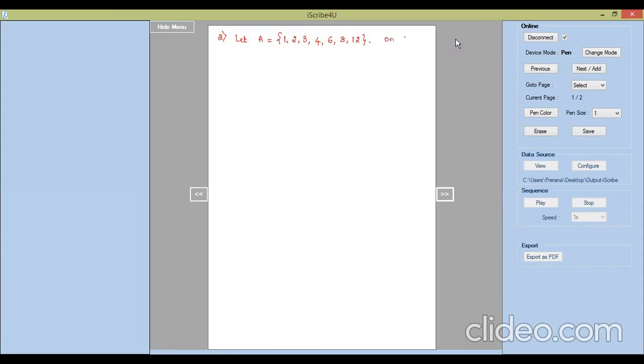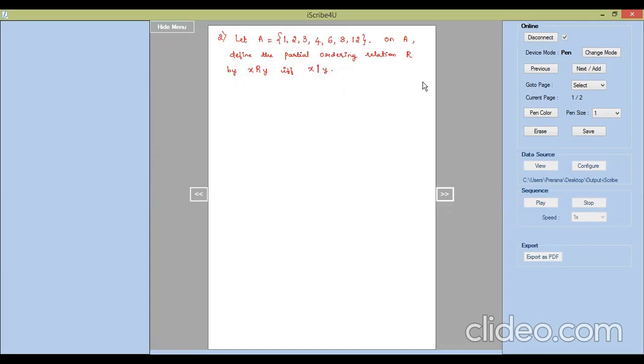On the set A, define the partial ordering relation R by X is related to Y if and only if X divides Y. This is the symbol for divides. How do we read this? X divides Y. This is just a standing line.